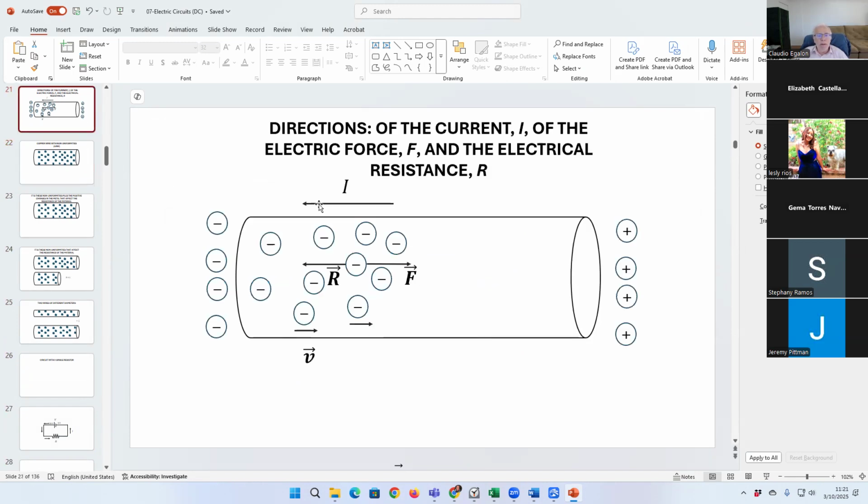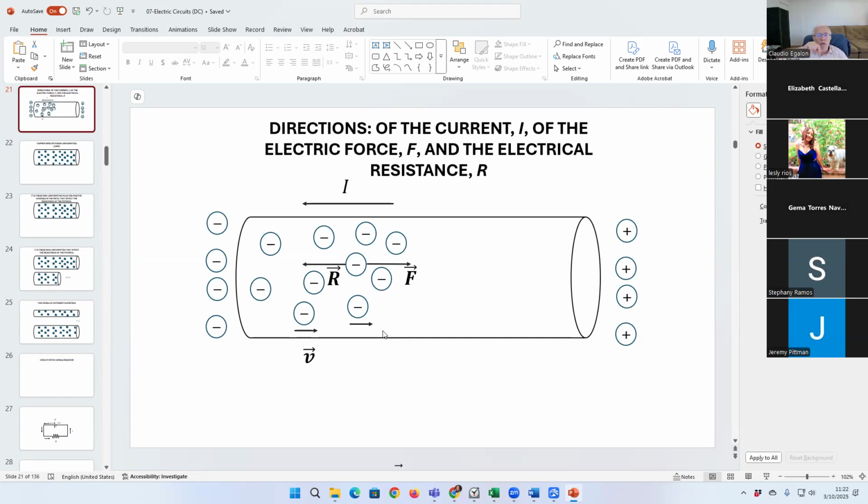The electrons don't move towards the right in a uniform fashion. Because you have a force applied to them, they are supposed to accelerate under this uniform force. But along the way, what's going to happen to those electrons? They're going to be attracted by positively charged nuclei, and they're going to collide against some non-uniformity in the copper cable.